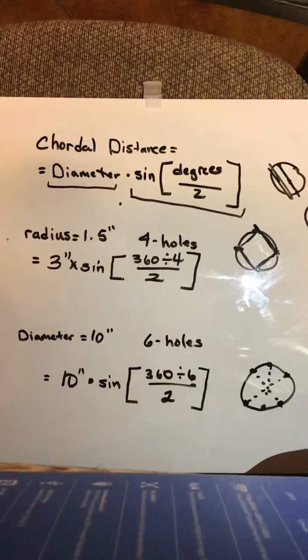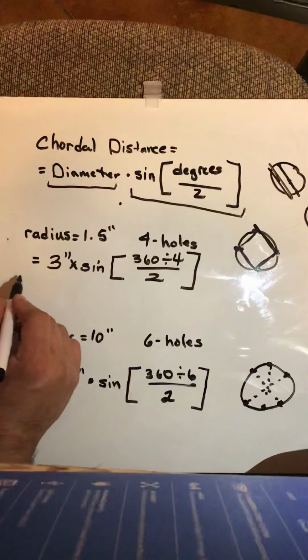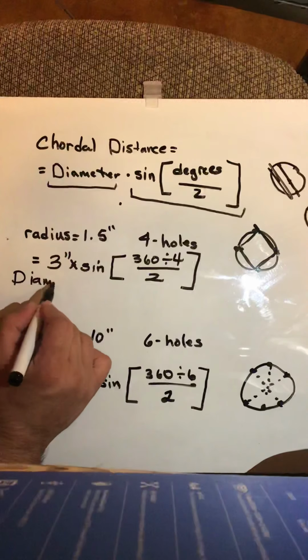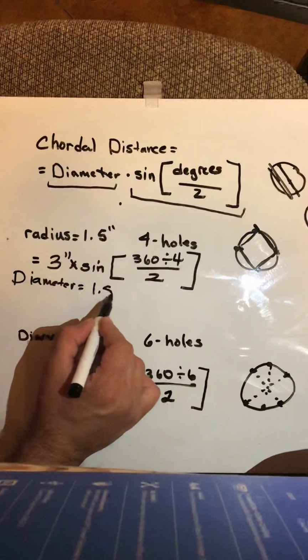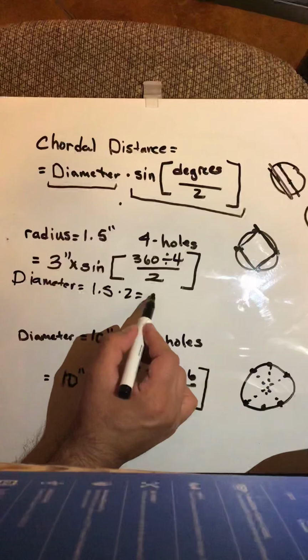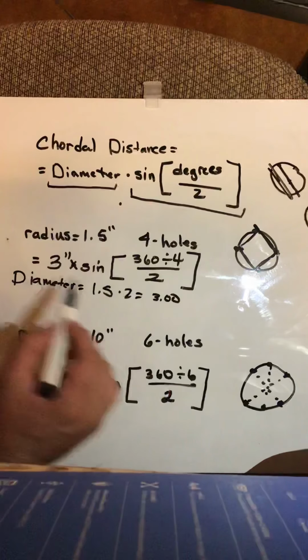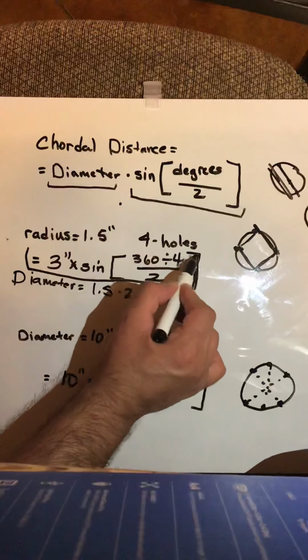If your radius equals 1.5, then to find my diameter, it's 1.5 times 2, which gives me 3.00. Now that I found my diameter, I'm just going to plug it into my formula right here.